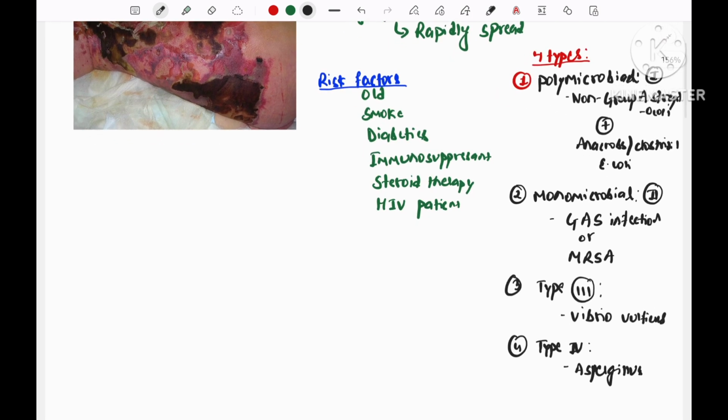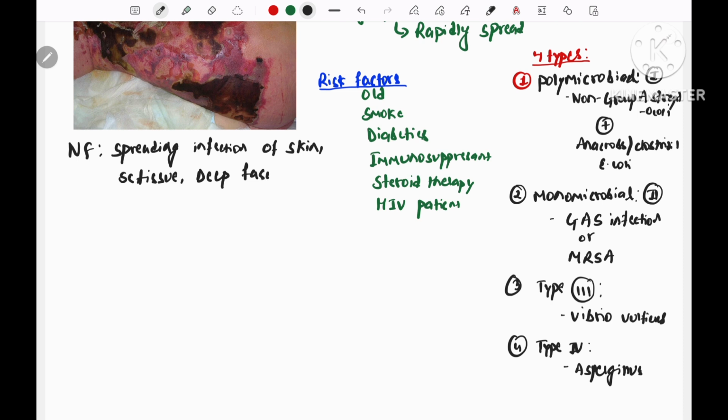Now let's write the definition of necrotizing fasciitis. It is a spreading infection of which layers? Skin, subcutaneous tissue, deep fascia, and soft tissues, with extensive destruction.